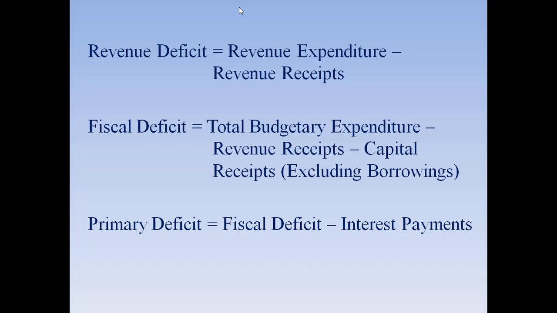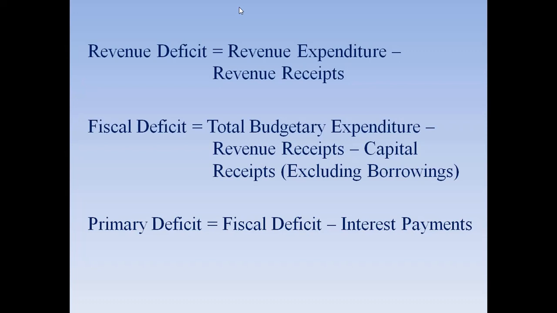So it indicates the real position of the government's finances, what the exact or current government finance is, the availability of the finance with the government, because it excludes the interest payment. So the primary deficit equals fiscal deficit minus interest payments.